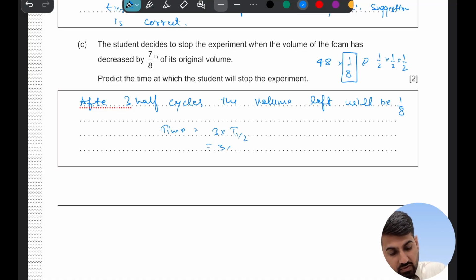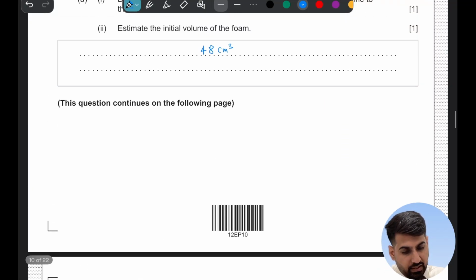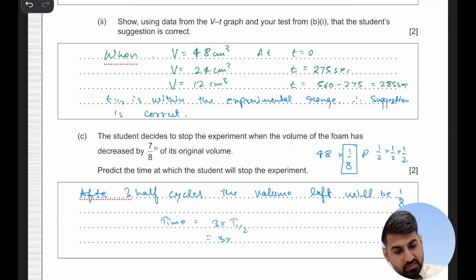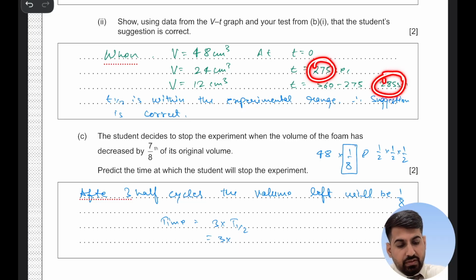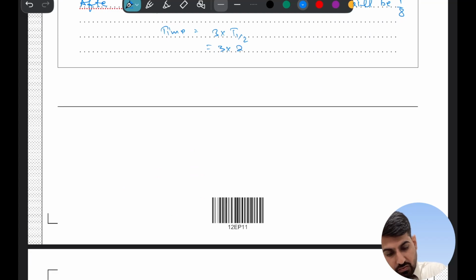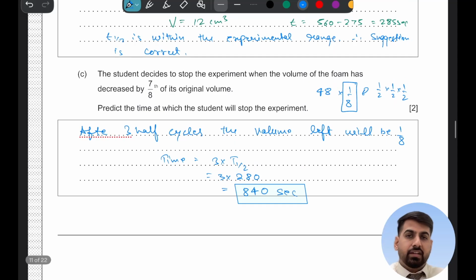If you take the half-life here, this is 275, this is 285. If we take an average, we can say 280. So 3 times 280 will be 840 seconds, right? So this will be the time at which the volume will have decreased by 7/8 of its original volume.